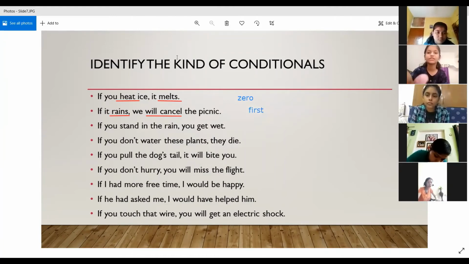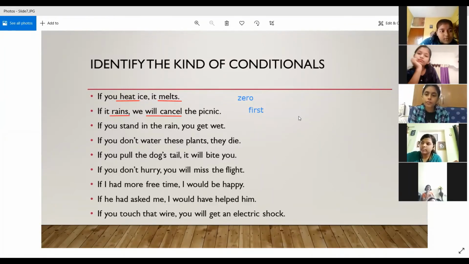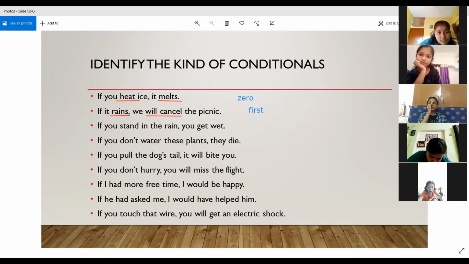All right. Thank you. Well, yes, Neha. Sir, it is a zero conditional sentence, because it is stating a general truth. Yes, again, it is stating a general truth. Everybody knows that if you stand in the rain, then you are surely going to get wet. So there is no doubt in this.